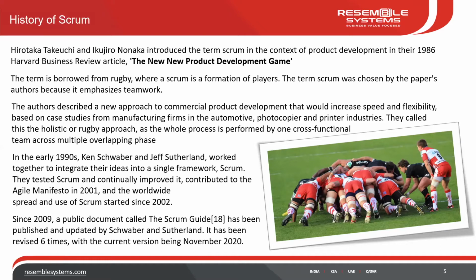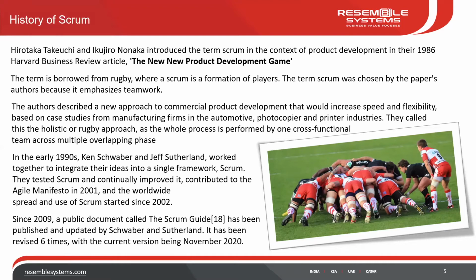And then in the early 1990s, there were two very famous people in the software industry in the US. One was Ken Schwaber, and the other is Jeff Sutherland. They are the people who run scrum.org, the website I told you about. They started working in their respective companies, and they started developing this new method that the two Japanese authors wrote about in their paper.